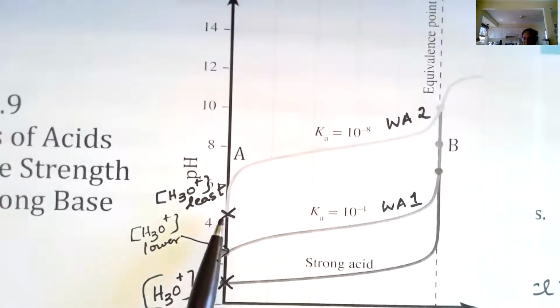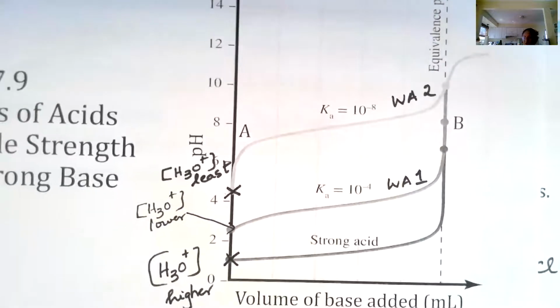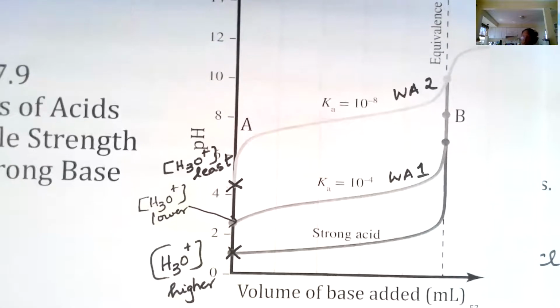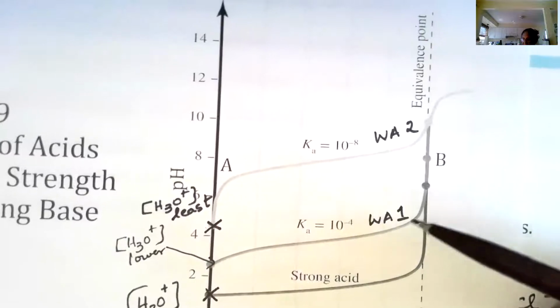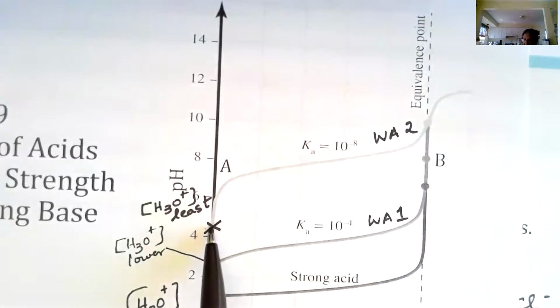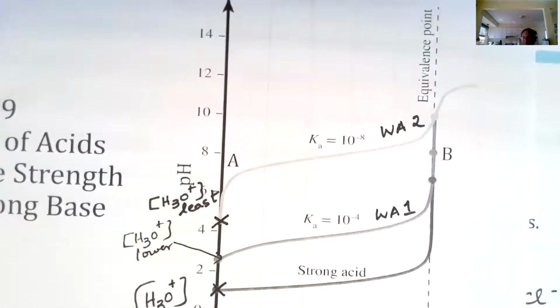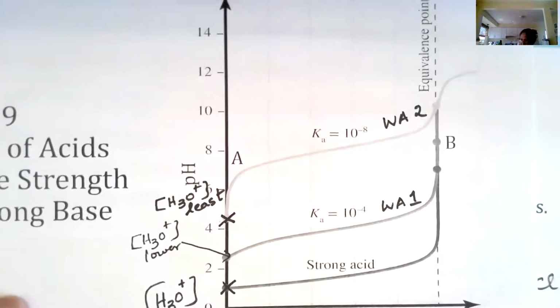Therefore, its pH initially is going to be the highest of these three. So that's what we're talking about. Strong acids, because they release all the H plus ions, will have the highest H3O plus concentration, but the smallest pH initially. And then as the Ka value decreases, their initial pHs will start increasing. Okay. I think that makes sense. Makes sense to me. Hope it does to you.